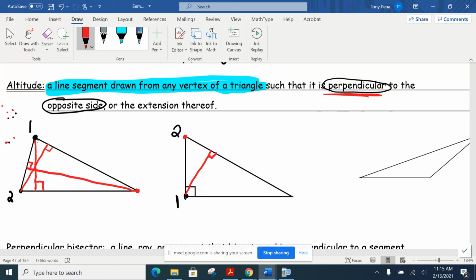Okay, anybody want to offer a little insight into how that could happen, if at all? How could we do that? So draw a line from angle 2 to the opposite side so that when it hits the opposite side, you form a 90-degree angle. Anybody know what's happening with? Go ahead, Jake.